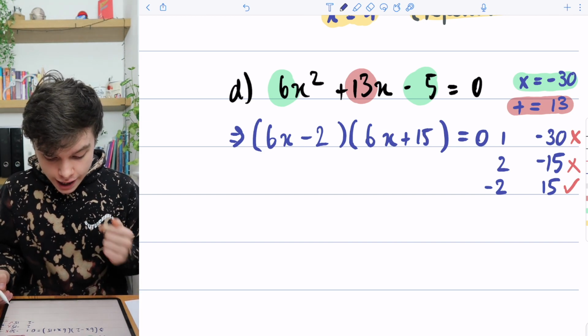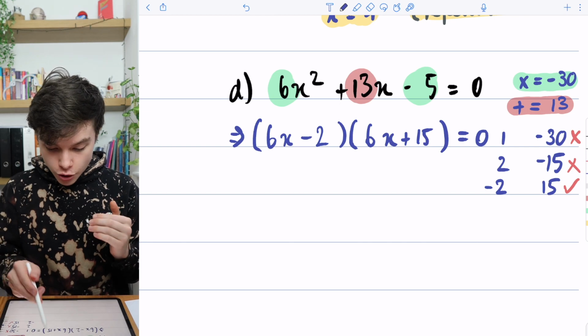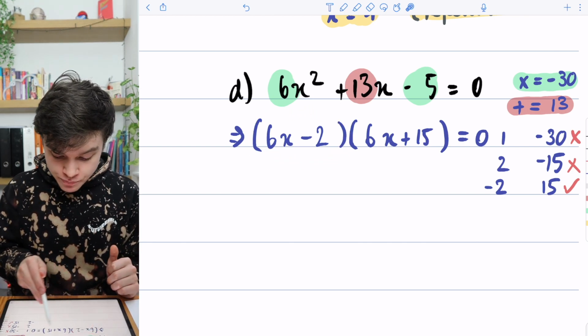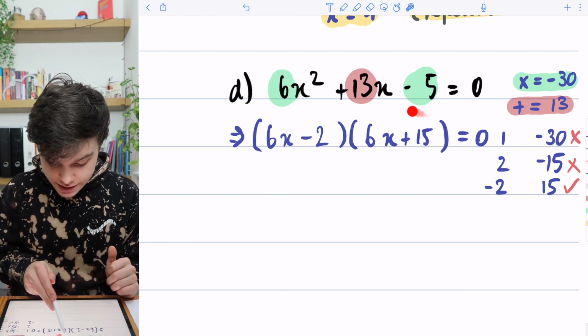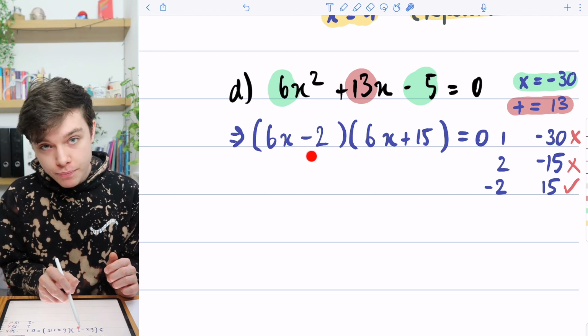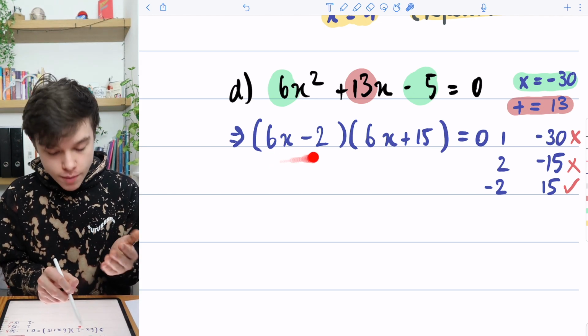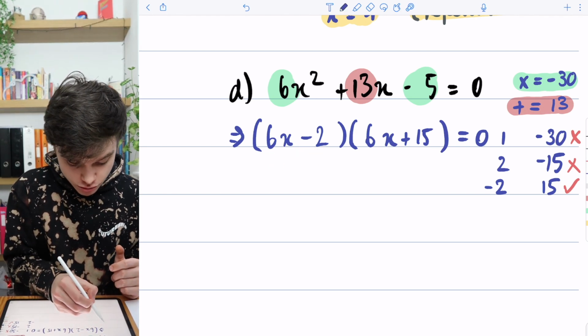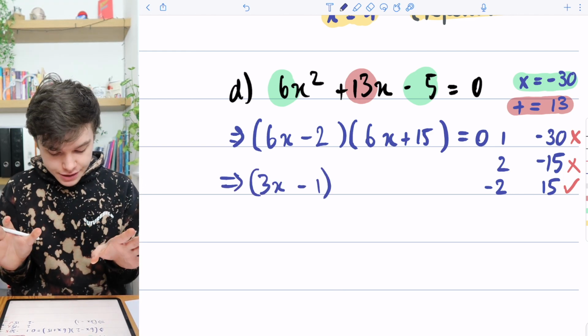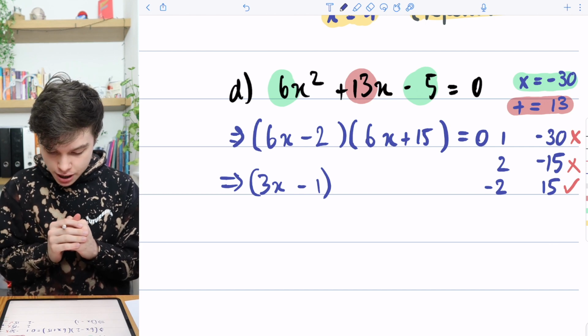Okay, then what I do here is I say what's the biggest number I can divide this bracket by, and what's the biggest number I can divide this bracket by. In other words, 6x and minus 2, the biggest number I can divide both of those terms by is 2. So I'm going to do that. That will give me 3x minus 1, and then I can't divide each term by the same thing in that bracket.